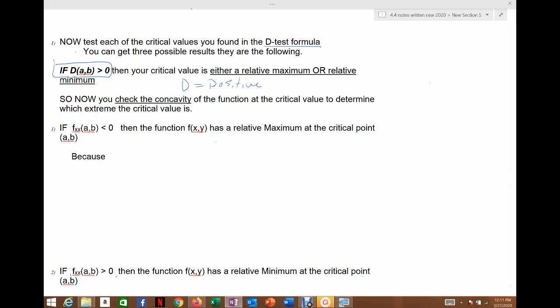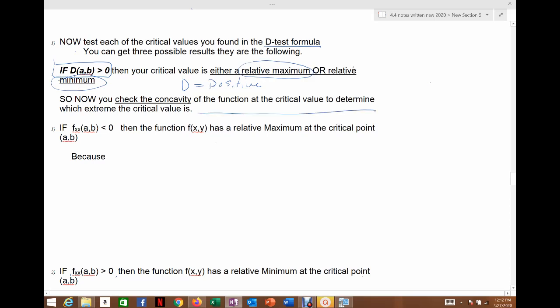It's going to give me a max or min, which means that concavity is turning the same way in both directions, meaning they're either both concave up or both concave down. But I don't know which case it is. All the d-test tells me is that it's a possibility that it's either a maximum or a minimum. I don't know which case it is until I do one more step.